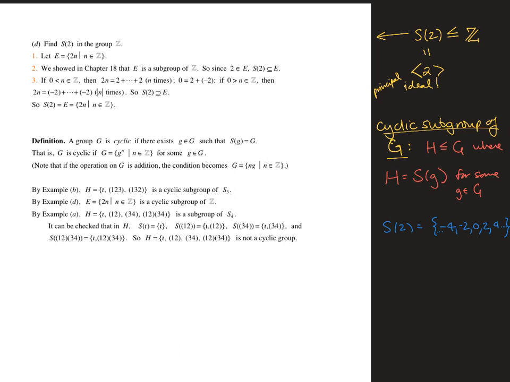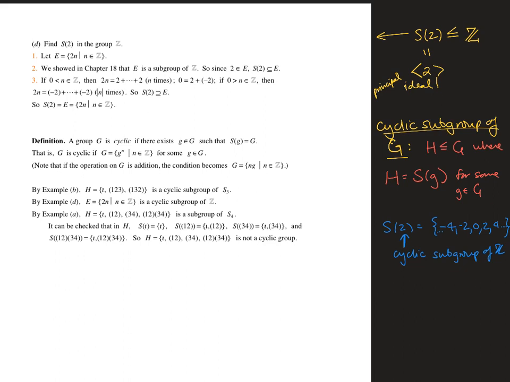But as long as we can write down S of 2, that means that because I have this single element that I can use to generate my group, it is a cyclic subgroup of the integers. So the existence of that element 2 means that this is a cyclic subgroup of Z.